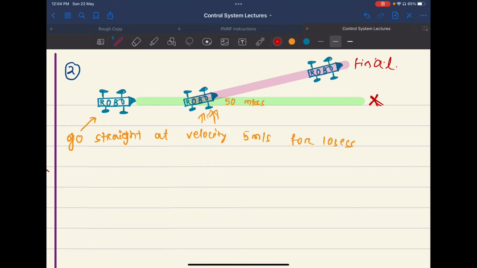So you set the gas pedal, and you hold it at a constant angle like this. So your vehicle is going at a constant velocity.